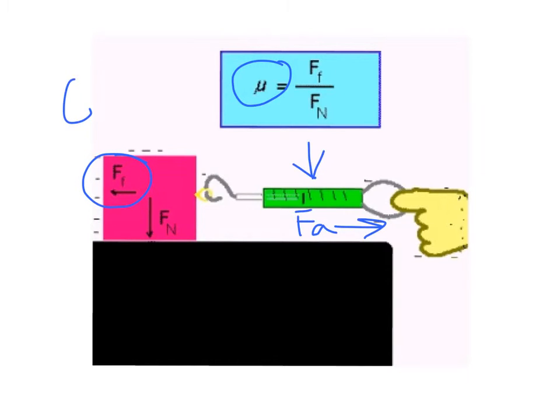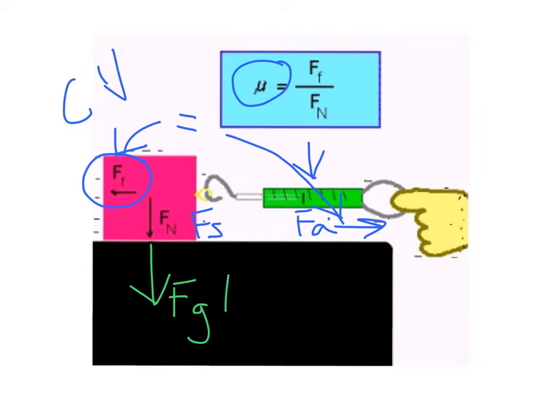So remember, if something is moving with a constant velocity, then this force is going to be equal to the applied force. We also need to know something called the normal force or support force, which is equal and opposite to the weight. And the weight, of course, is that force of gravity pulling down.